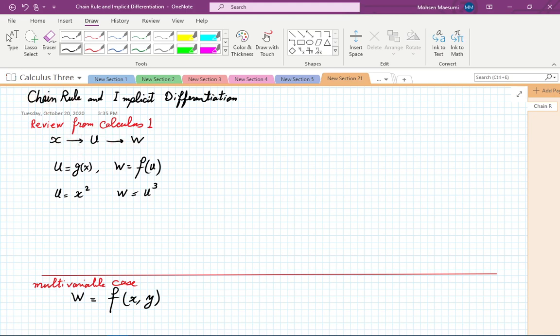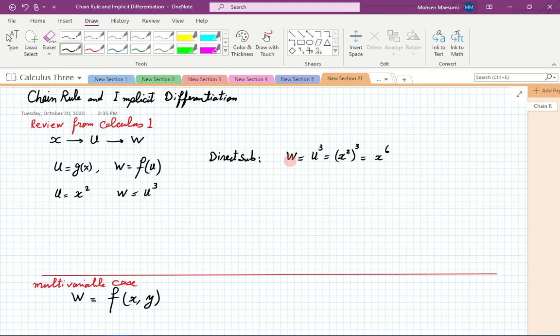So what's a direct substitution? As the name implies, direct substitution, well, you can replace u by x squared in this case. So w was u cubed, u itself was x squared, which is now being cubed. So obviously w is x to the power of 6.